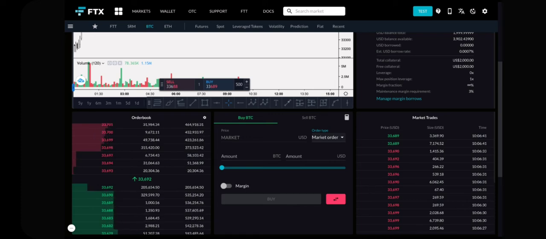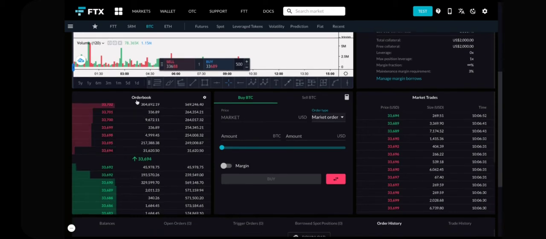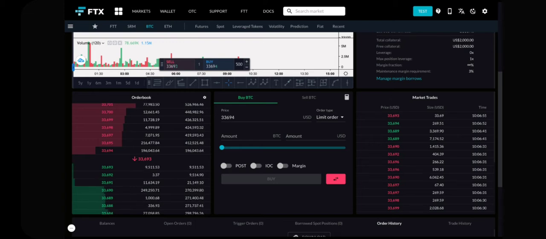You see here on the left hand side, you've got the order book, and you can see each price. The whole way up and the whole way down, you've got what are called asks and bids, or offers and bids.